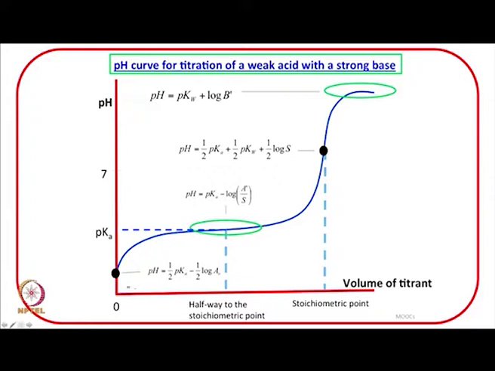Let us say here we start with purely weak acid, no base added, and when you keep on adding base, the horizontal axis represents the volume of titrant and the vertical axis is pH, and this is how the pH changes, and this represents the equivalence point.